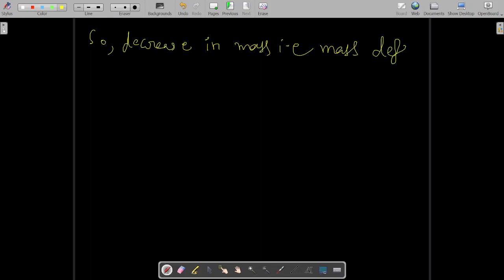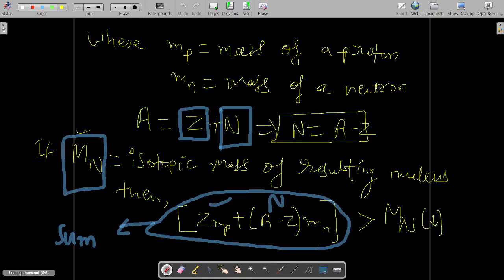So the decrease in mass, that is mass defect, is equal to delta M. Now what will be the mass defect?